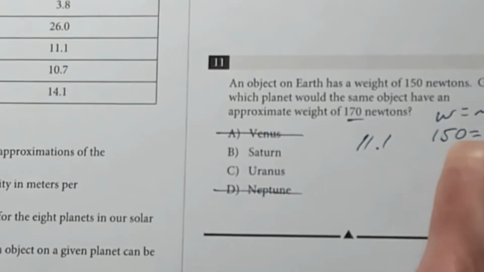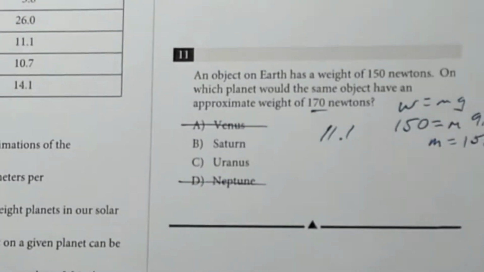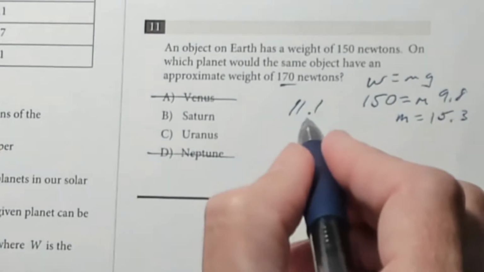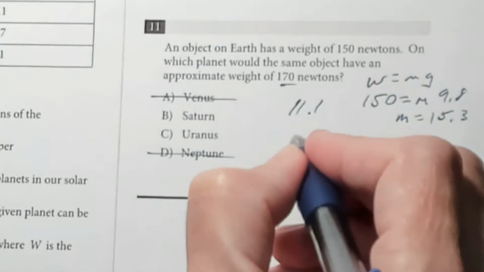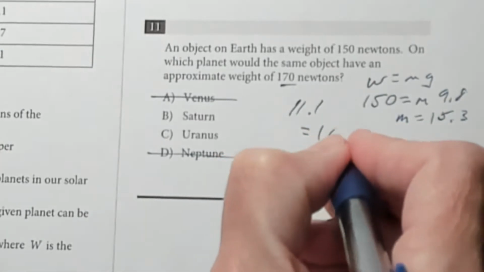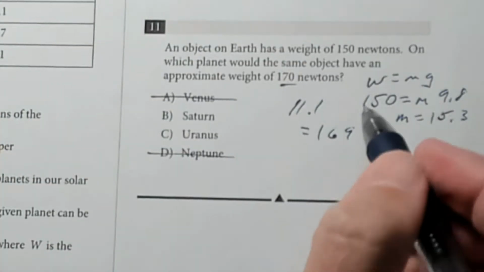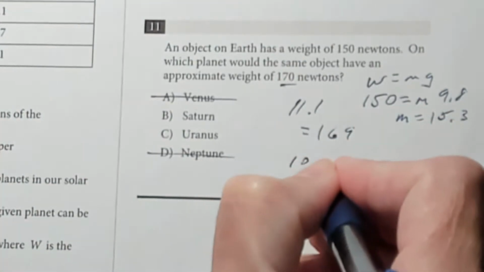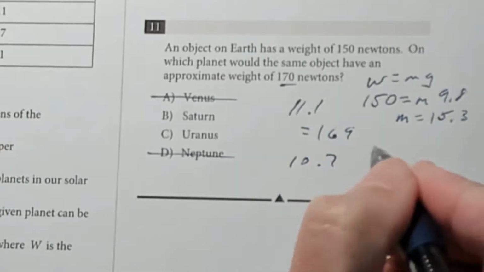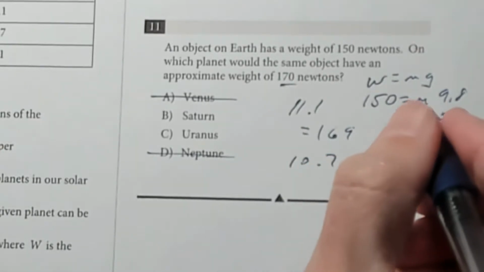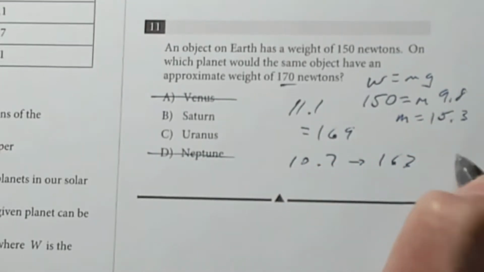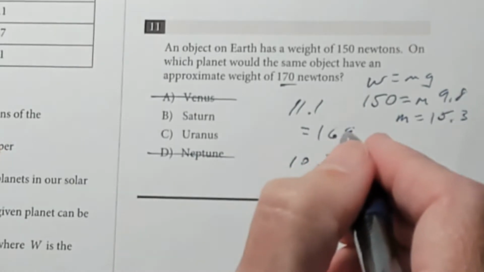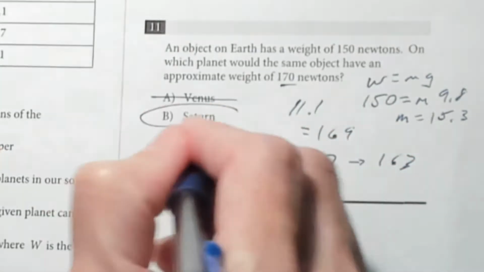So mass equals 15.3. Now you do 11.1 times 15.3. We're going to get 169. And you do 10.7, which is Uranus, times the 15.3. We're going to get 163. So there you go. Obviously, the answer is B, Saturn.